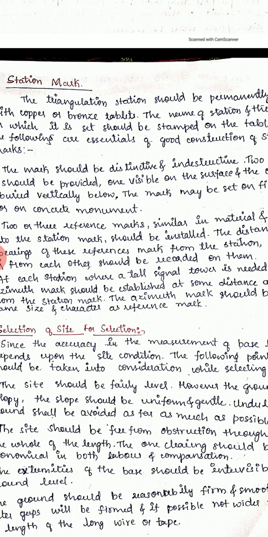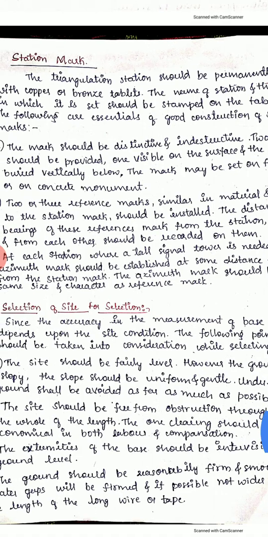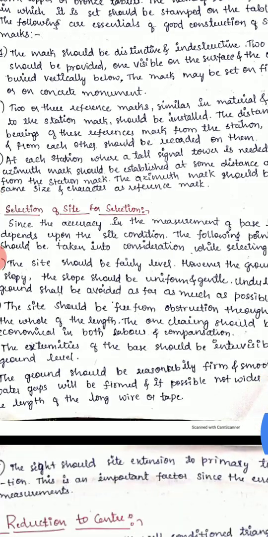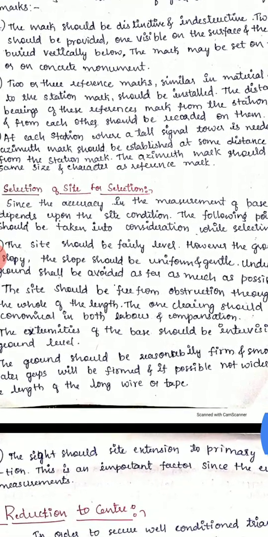Two or three reference marks, similar in material and shape to the station mark, should be installed. The distance and bearing of these reference marks from the station mark and from each other should be recorded on them. Okay, we have to record the stations.